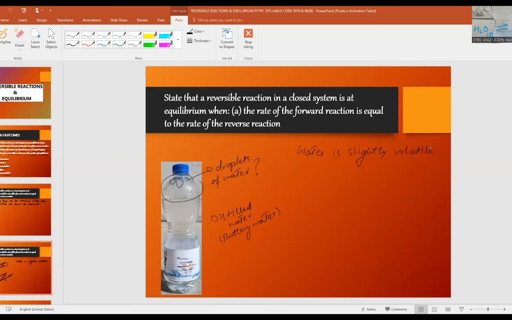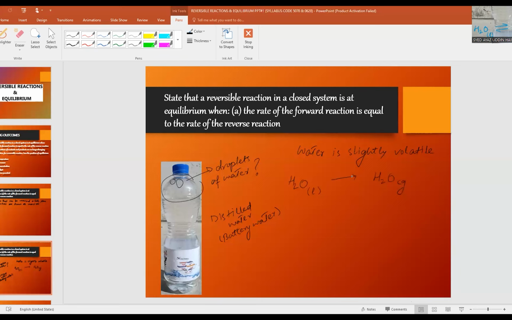But the rate will be higher during summer and hotter days. As you can see here that the bottle is closed, so these water vapors will cool down and condense back into the liquid state. Due to this reason, we see these droplets at the neck of the bottle.